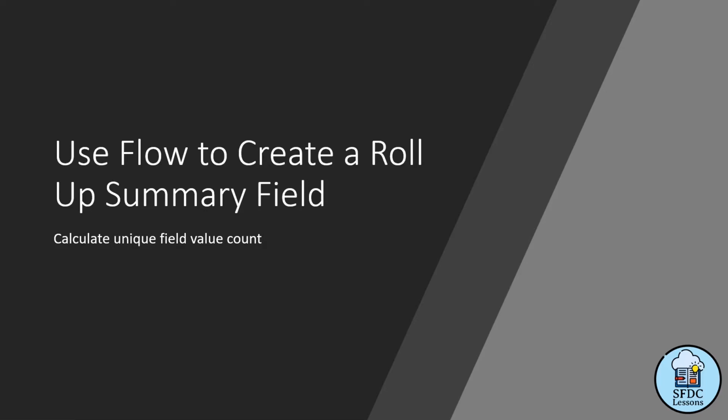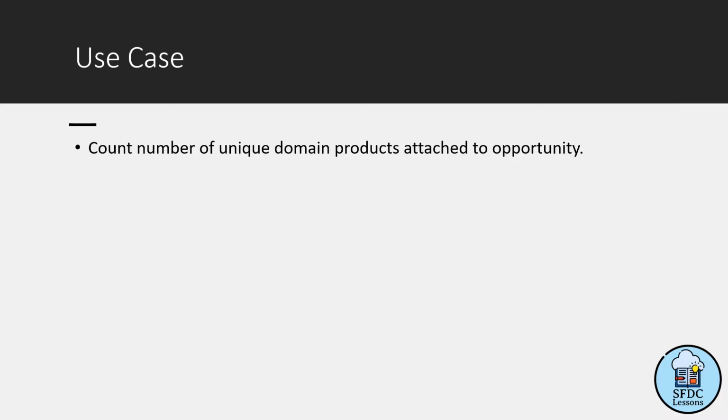Hello everyone, in this video I am going to demonstrate an example of how we can implement roll-up summary functionality using flow. We have a use case here to count the number of unique domain products attached to an opportunity.